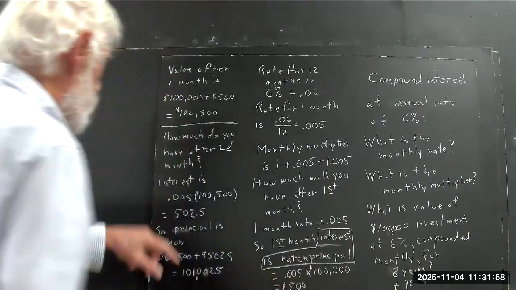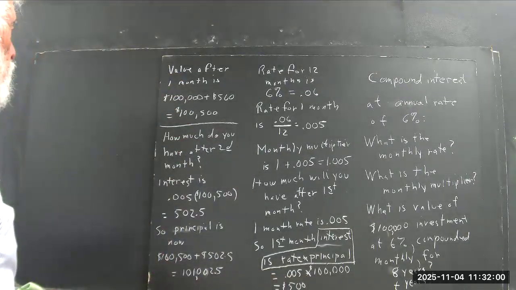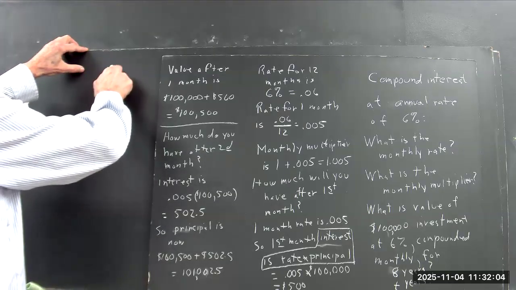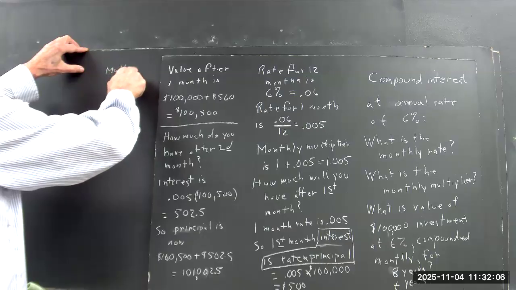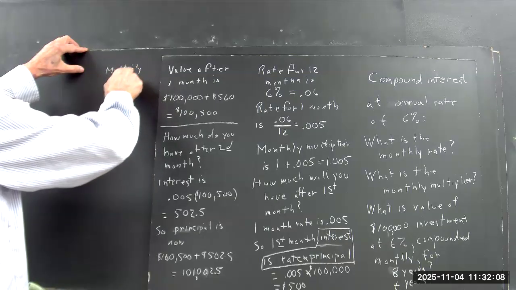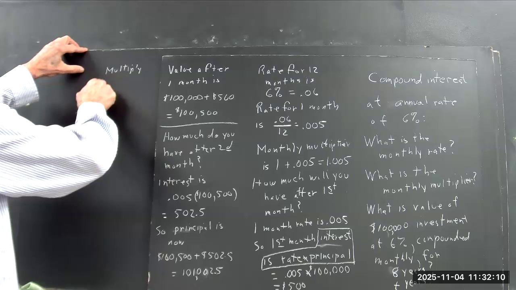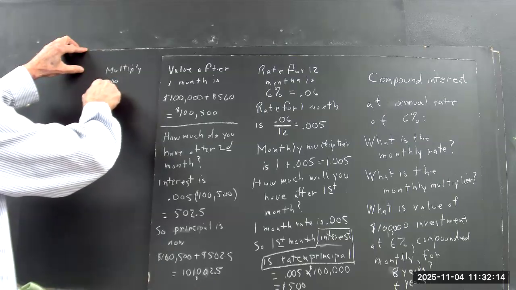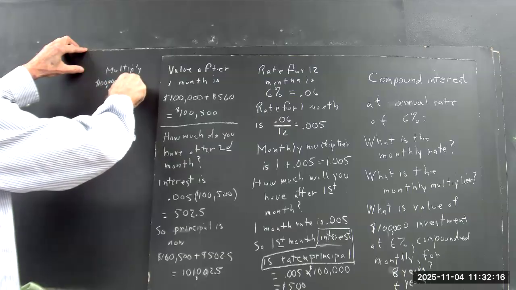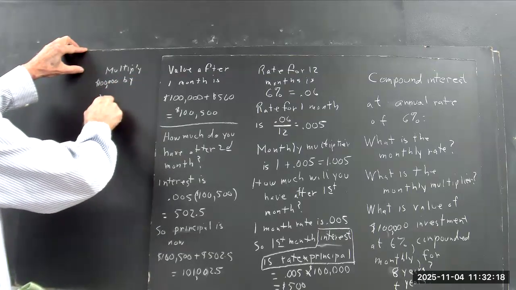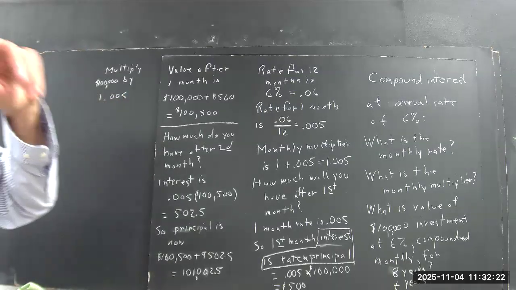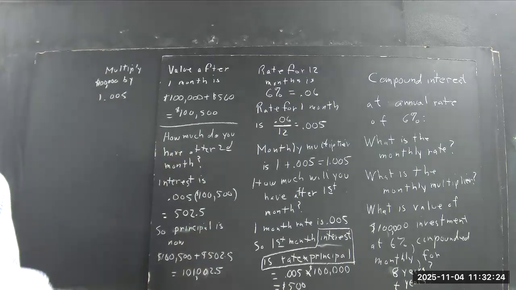But parallel to the calculations I've done here, what do we get if you multiply $100,000 by 1.005? Calculate that.